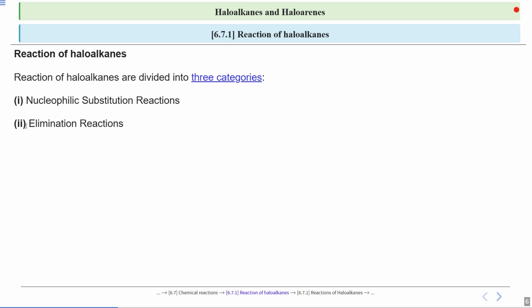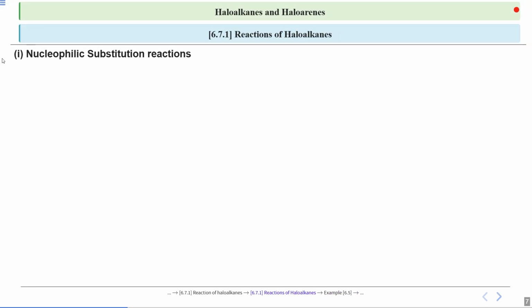Second major category is elimination reaction, where some atom is going to be eliminated from the molecule, right? And third major category is reaction with the metals. So haloalkanes also show reactions with the metals.